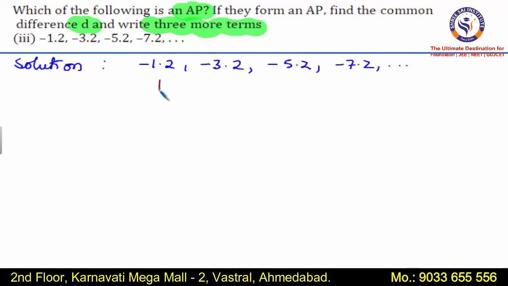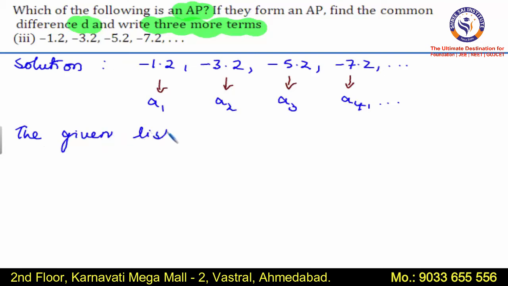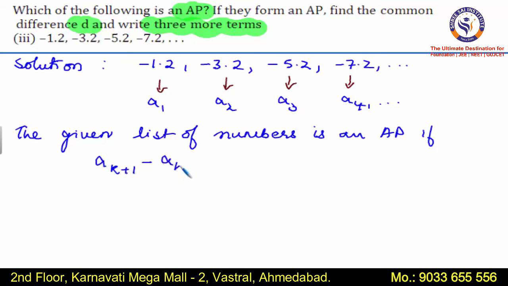Let us denote the given list of numbers by A1, A2, A3, A4, and so on. Now this list of numbers forms an AP if the difference between any 2 consecutive terms remains the same. That is, A(k+1) minus A(k) is the same for all k.